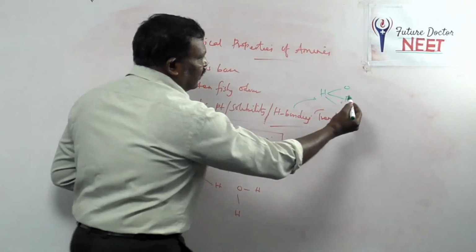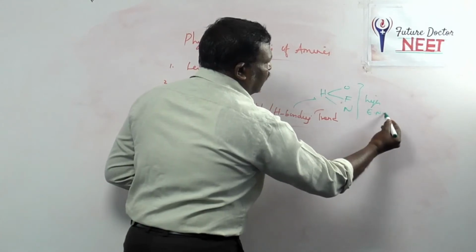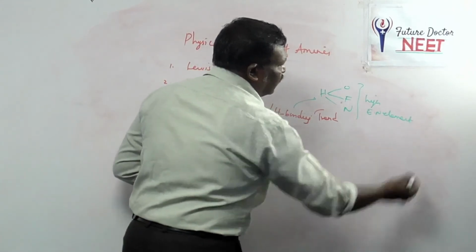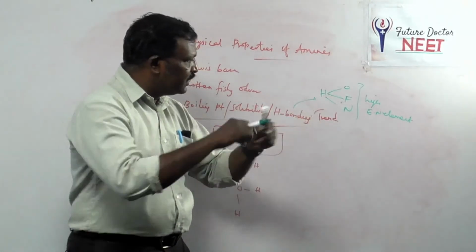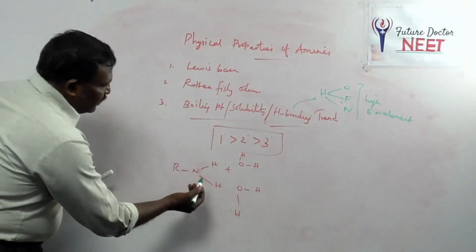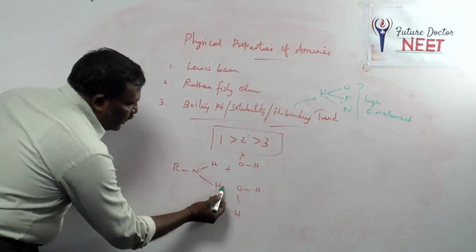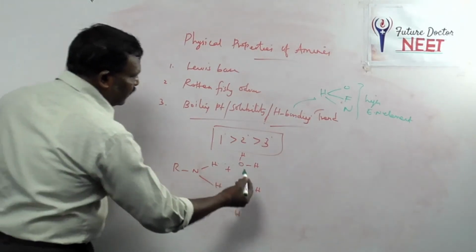All are highly electronegative elements. Understood? Whenever hydrogen is bonded to highly electronegative elements, that bond is called hydrogen bonding. So in primary it makes how many hydrogen bonds? Two hydrogen bonds.